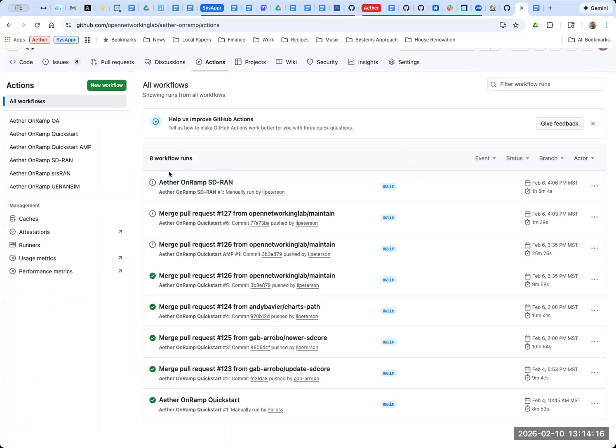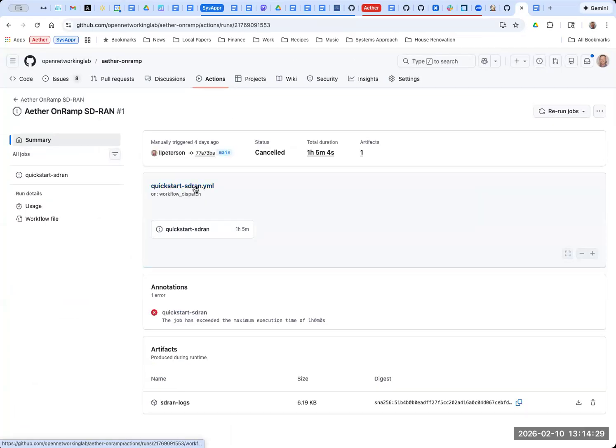All right, so here's a run of SD-RAN, which does very little more than quick start. It just runs the RAN stack, and you can see that it basically ran for an hour and then finally gave up. So it's not failing; it's failing to complete. I mean, it's not crashing.